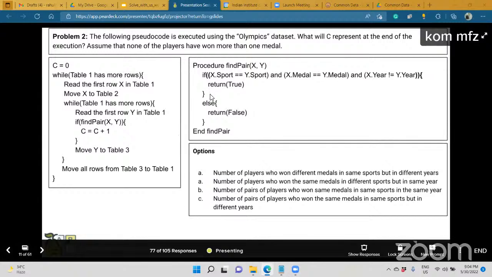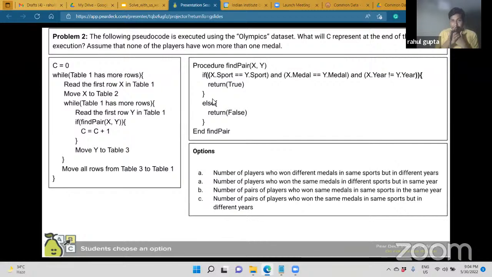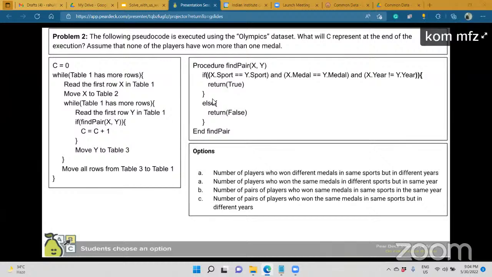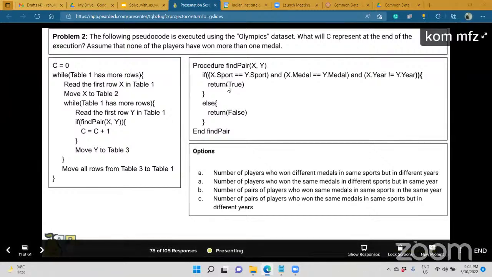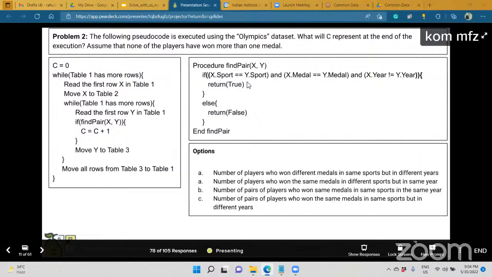Sir, if one player won more than one medal, then what will happen? One player will have more than one medal, right? But that will be in the same year and the same sport.